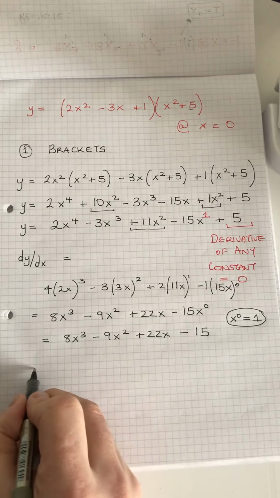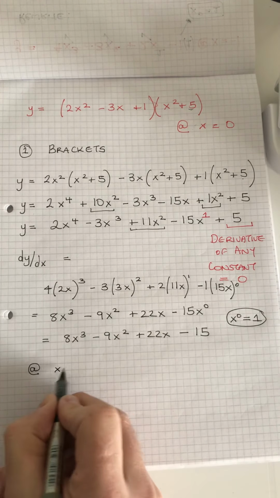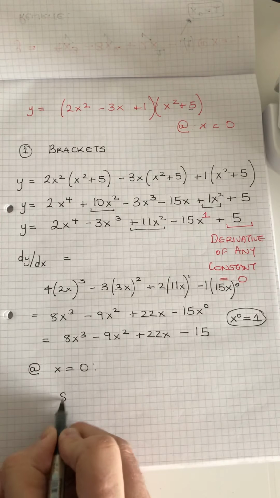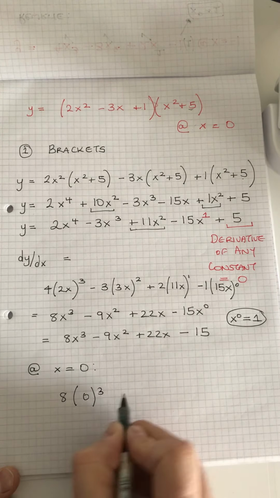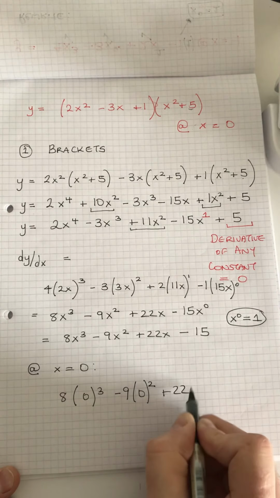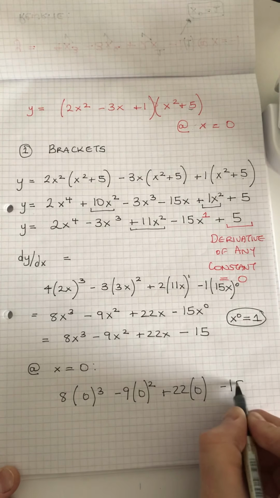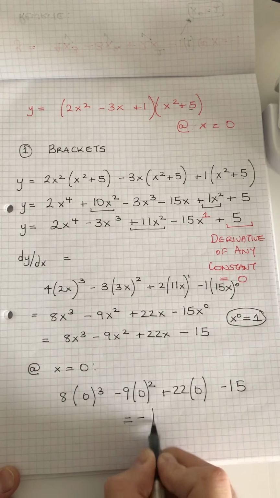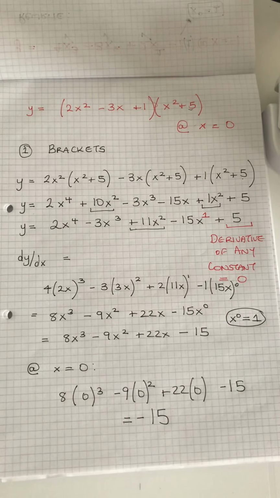And now, to substitute x equal to 0, we get 8 times 0 cubed, minus 9 times 0 squared, plus 22 times 0, minus 15, and our answer is minus 15. Okay?